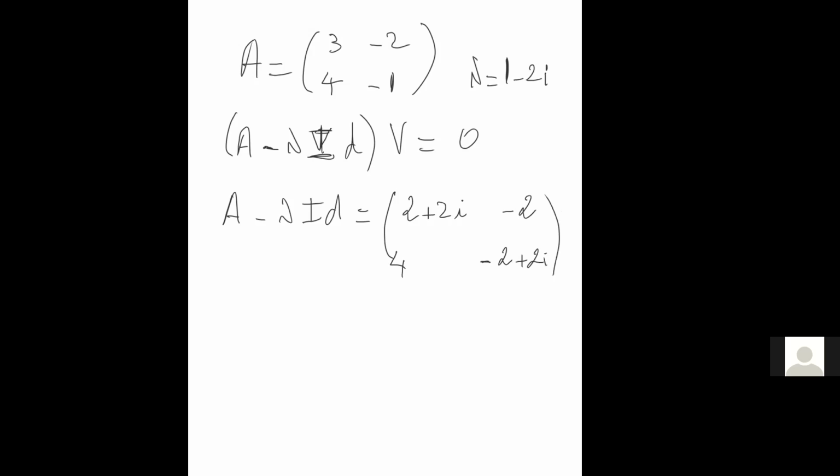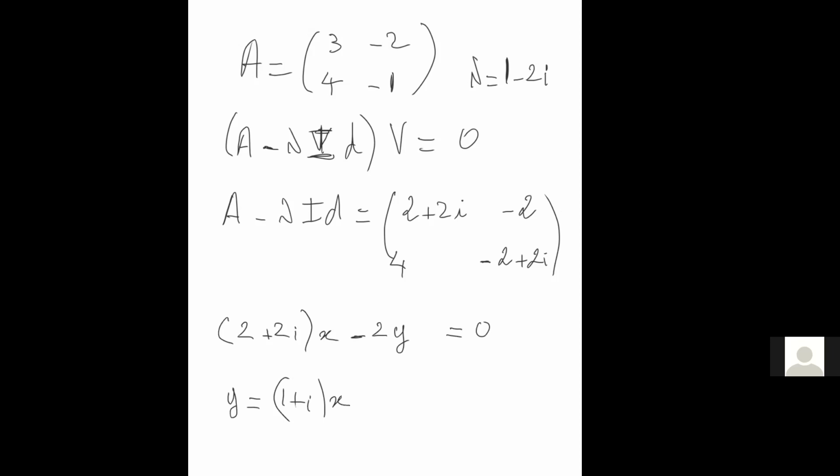All right. And then I solve 2 plus 2i times x minus 2y equals 0, which gives y equals 1 plus i times x.